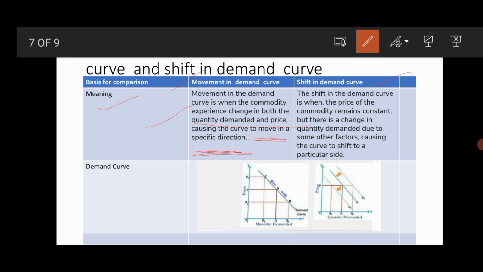In case of shift in demand curve, the price of the commodity remains constant, but changes occur in factors other than price. That results in shift in demand curve. So the demand curve will be shifted to a particular side.